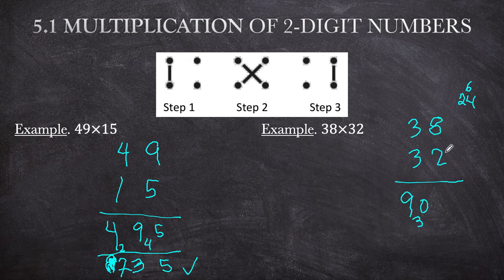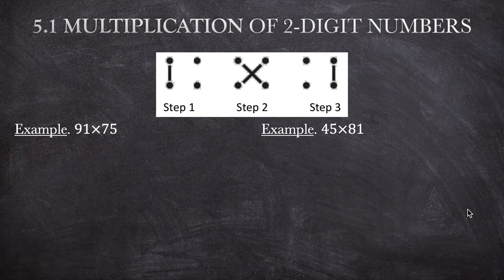And then we have 8 times 2 is 16. Carry 1, then we have 6 here. Do the necessary carries. 9 plus 3 is 12. 0 plus 1 is 1, and then 6 here. So hence what we have in this example is 1216.